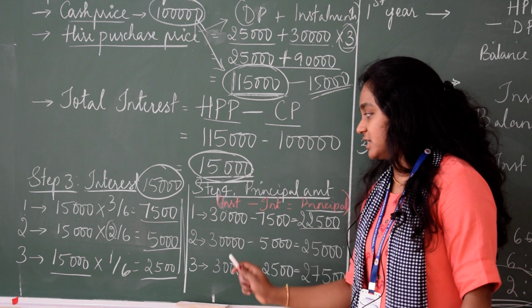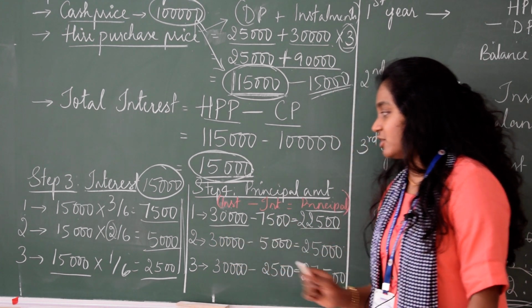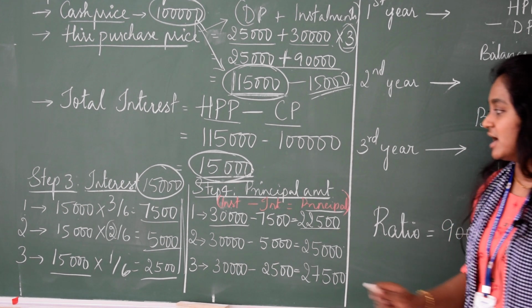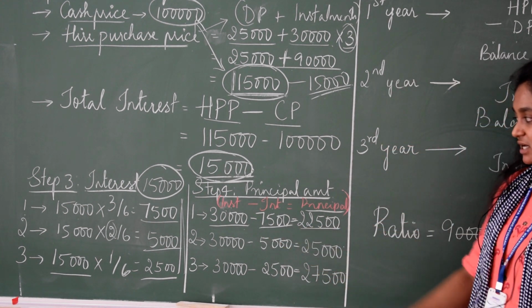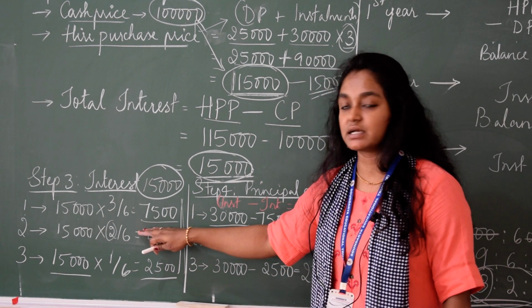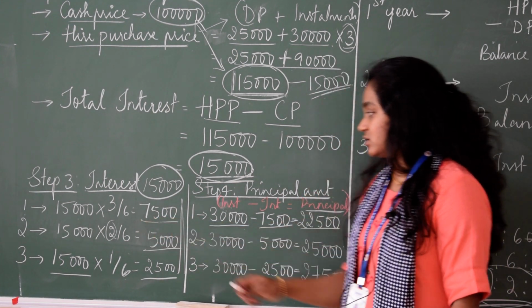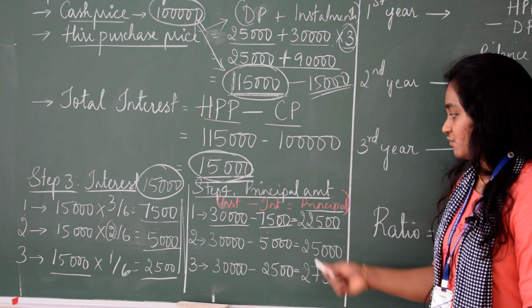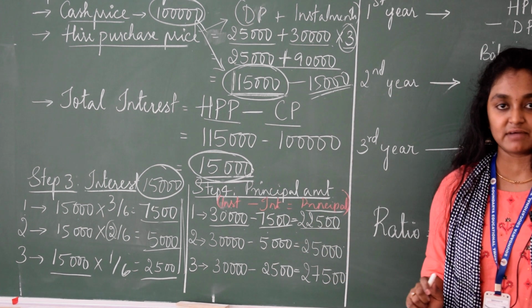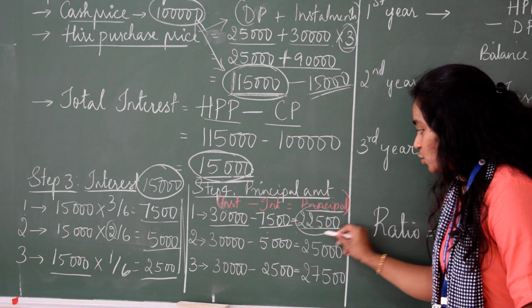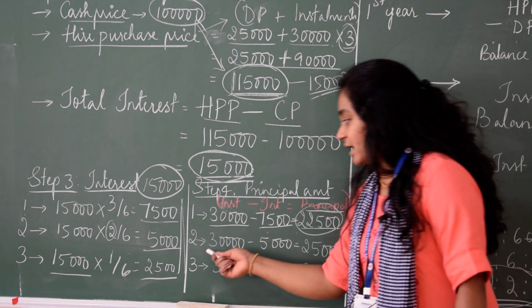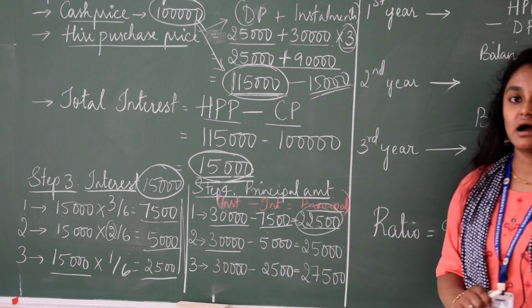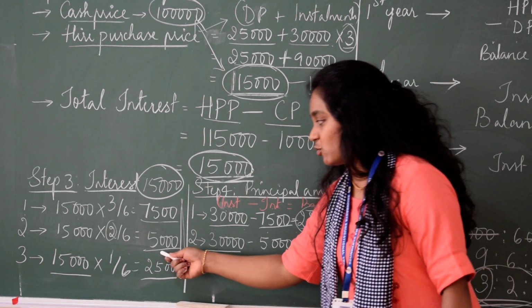So in the first year, the actual installment that you are paying is 30,000. From this, remove the interest. Where was the 7,500 interest? We have calculated it in the step 3. So 7,500 in the first year, if you remove, you are amounting to 22,500. This is the principal amount without interest. Going to the second year. Second year again installment is 30,000. On this 30,000, interest was 5,000.